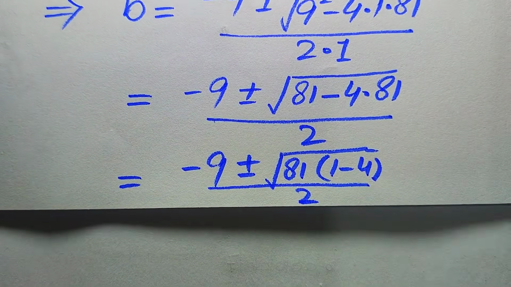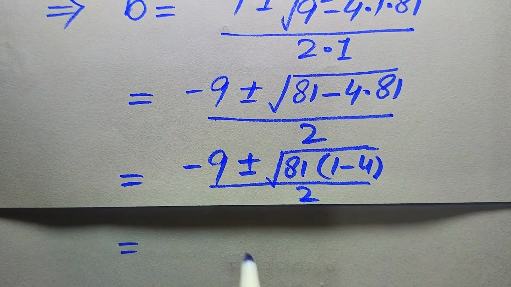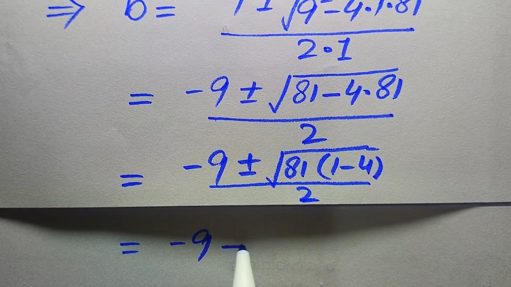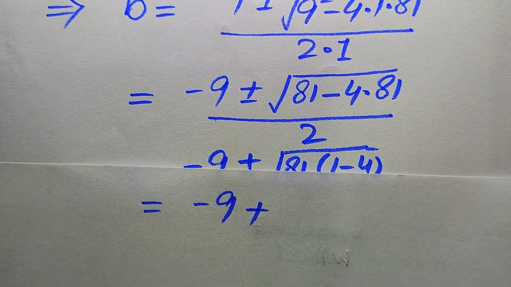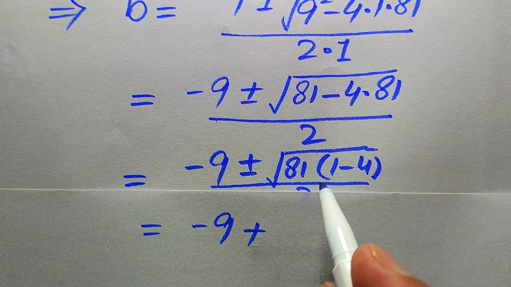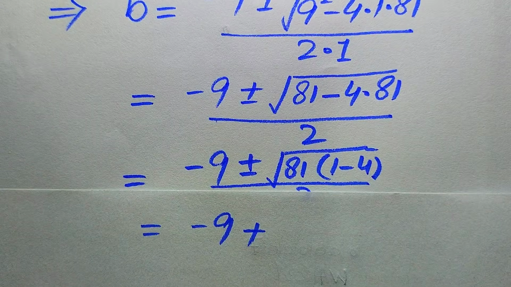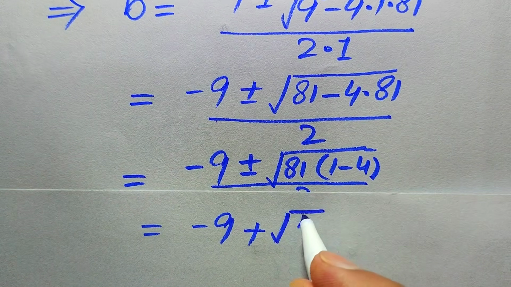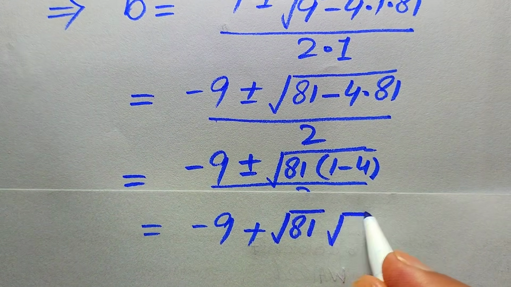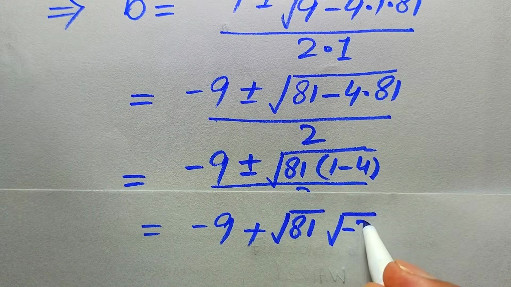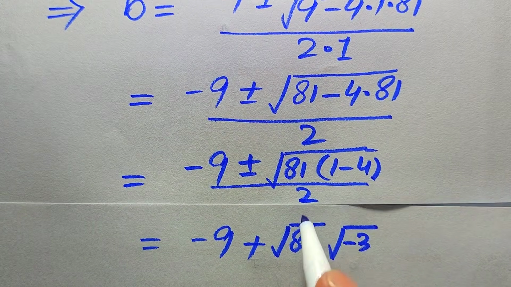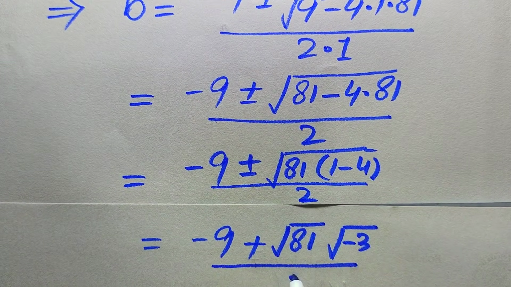So further in the next step, here we have minus 9 plus minus, and we apply the square root separately on both of these two values, and we get square root of 81 into square root of 1 minus 4, which becomes minus 3, and it is divided by 2.